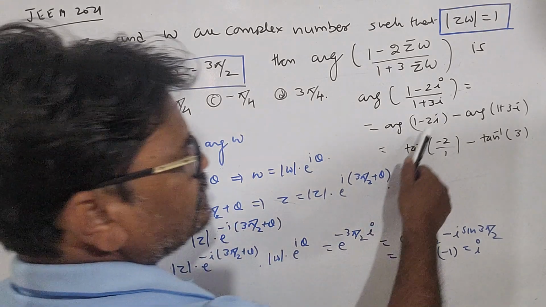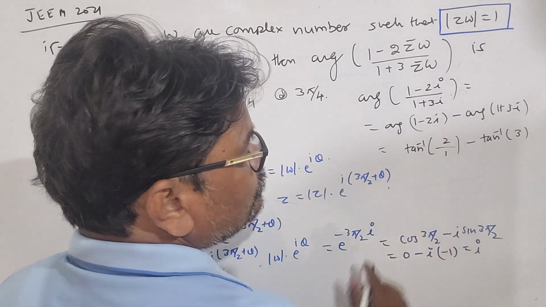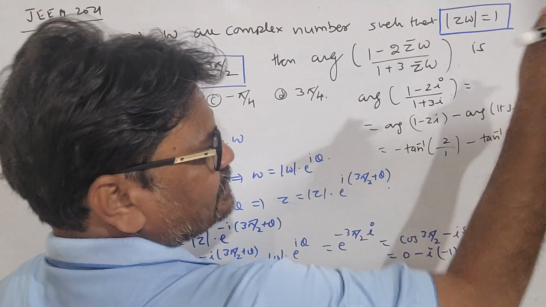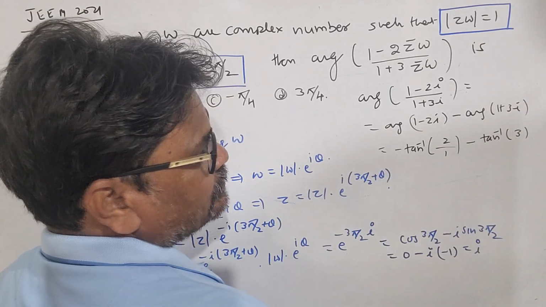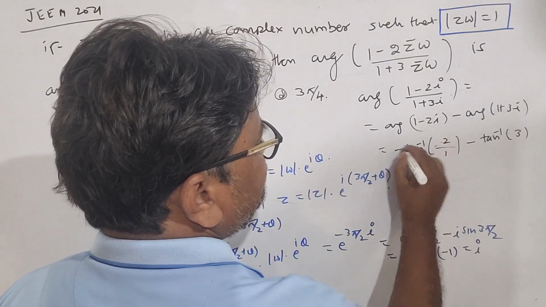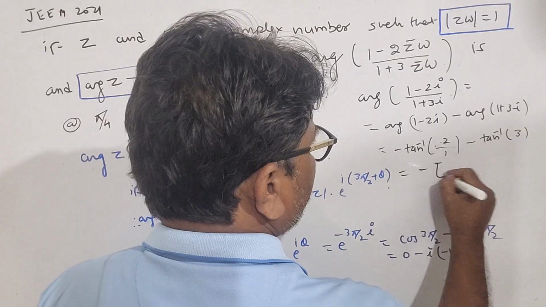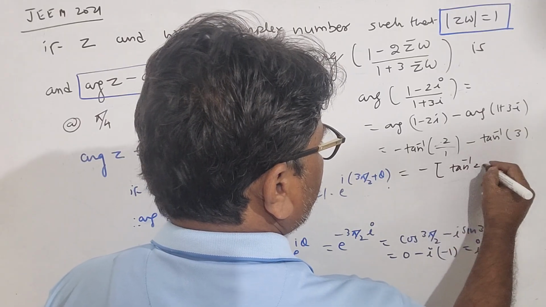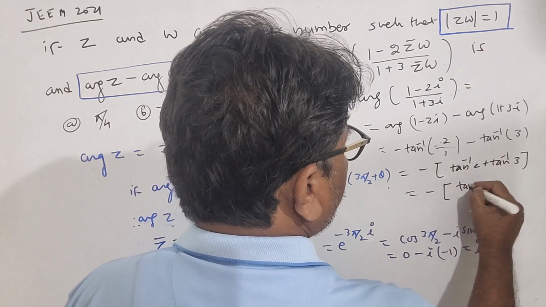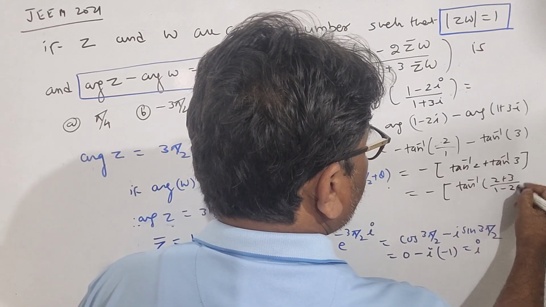Tan inverse of minus 2 is lying in which quadrant? Fourth quadrant. If the first quadrant argument is alpha, then the fourth quadrant conjugate argument is minus alpha. So this is minus of tan inverse of 2 by 1, so the whole thing is minus of tan inverse of 2 plus tan inverse of 3, that is minus of tan inverse of (2 plus 3) divided by (1 minus 2 into 3).